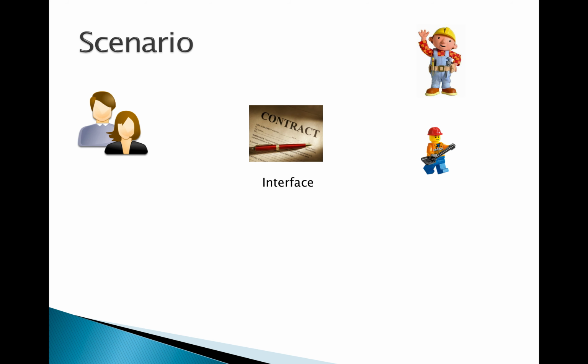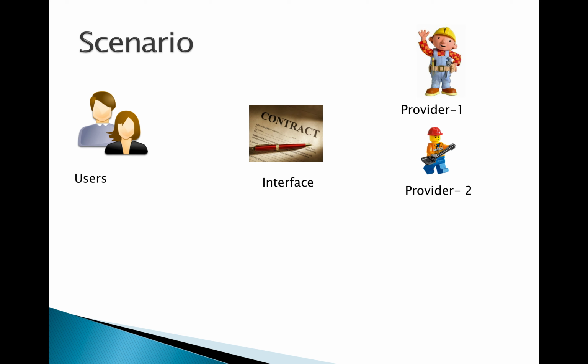So here the interface is nothing but the contract, the specifications or your requirements, and providers are going to provide the implementation of the interface. Providers here are builders, who are going to go with the specification and build the house. House is your product, and users are going to verify that in the product all the specifications are met.